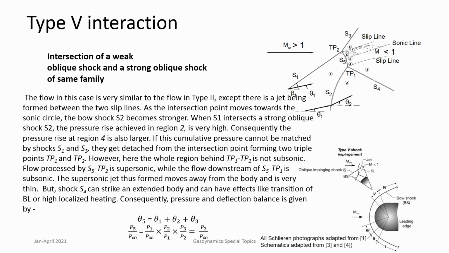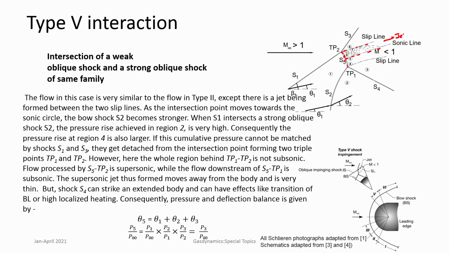Therefore, as a consequence, again here you get a shock S5 in between, and this creates a zone which is bounded by two slip lines, and there is a supersonic flow. So now what happens is you will have expansion fans which are bouncing off two slip lines, creating a kind of a jet here.